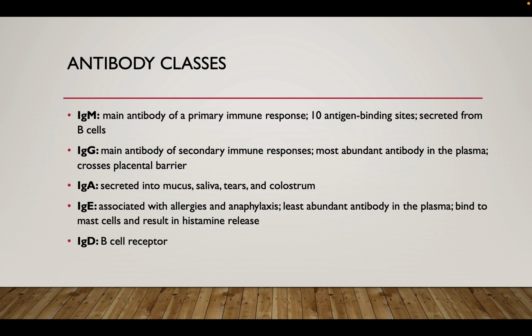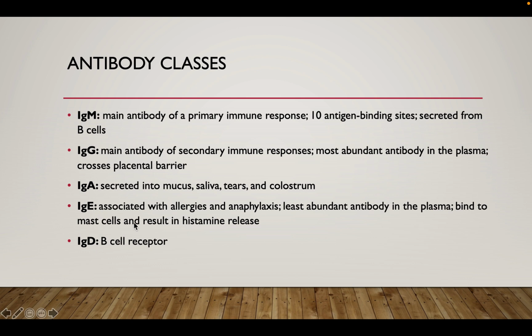IgE is going to be associated with allergies and anaphylaxis, and it's generally very low. It's not a very common antibody, but these can bind to cells called mast cells and result in histamine release. So you've all heard of an antihistamine. What an antihistamine does is it binds to the receptors on mast cells where these IgE antibodies would bind.